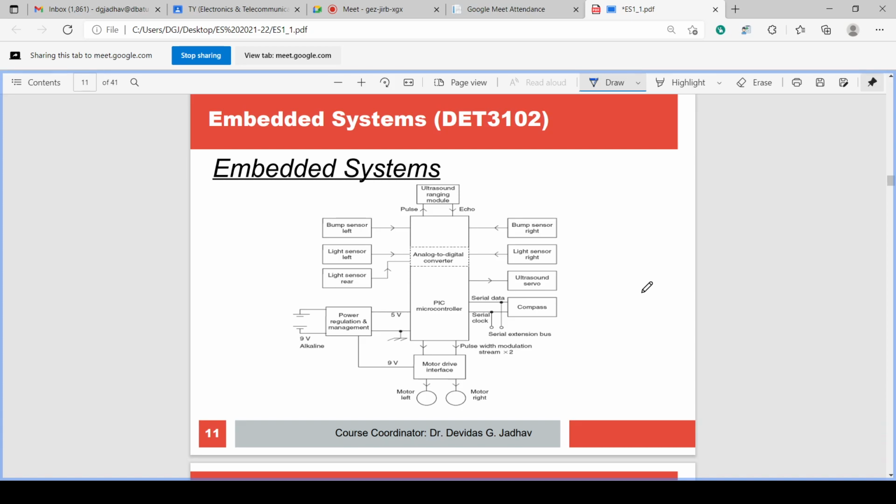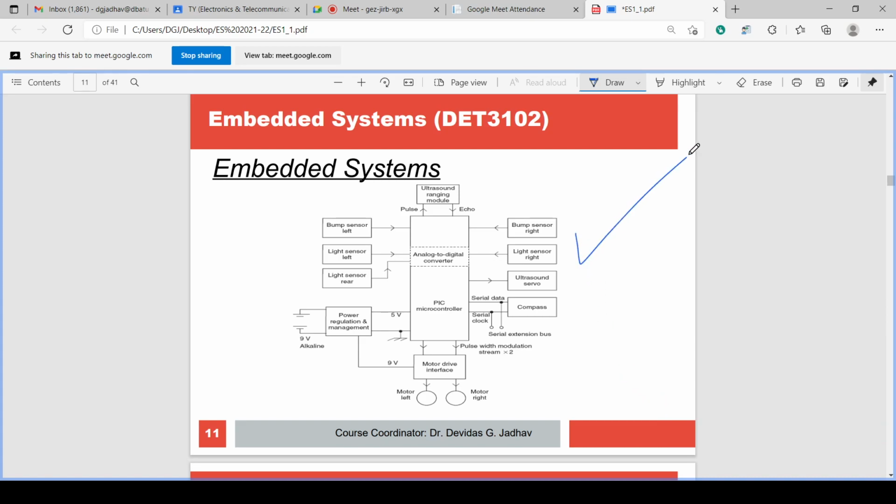It may be a serial or parallel communication interface, and sensors. Sixth is sensors. So these are the 6 blocks of the embedded system.